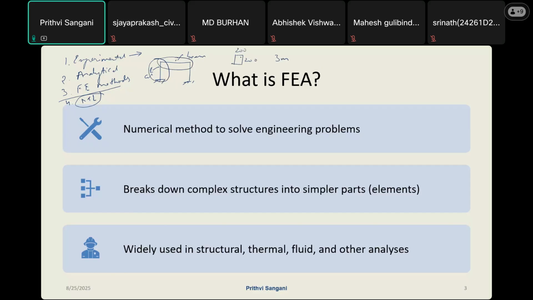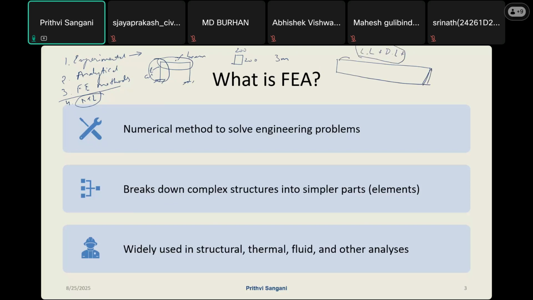So you'll cast this entire beam. And what are the loads coming onto the beam? Usually in a structure you will have live loads plus dead loads, plus several other loads like earthquake loads and wind loads. Right now I'm taking only some basic loads, which are live loads and dead loads.